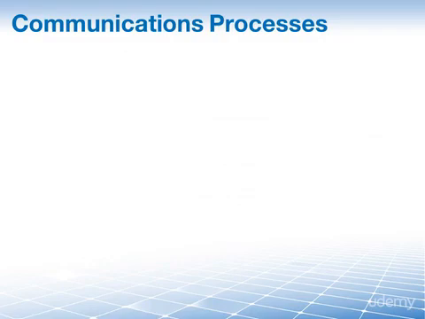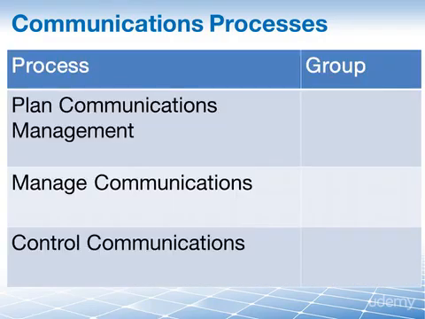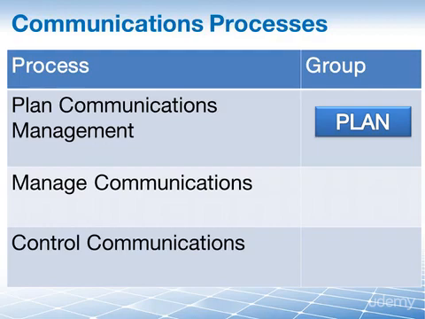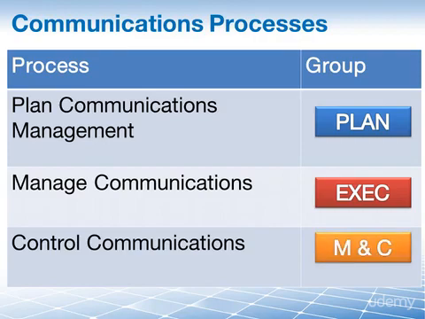And to help us with this, the Project Communications Management knowledge area has three processes. Plan Communications Management, which is in the Planning Process Group. Manage Communications, which is in the Executing Process Group. And Control Communications, which by its sheer name you can tell is in the Monitoring and Controlling Process Group.